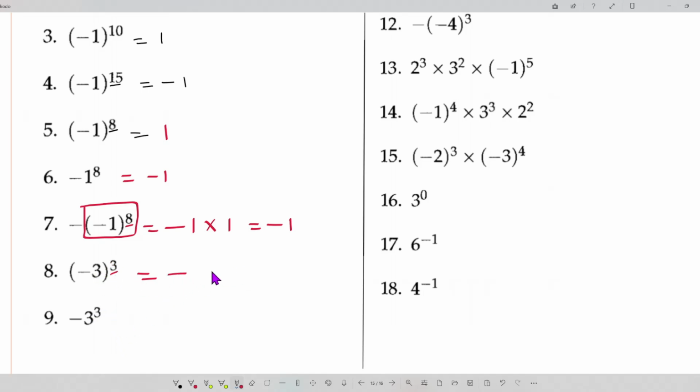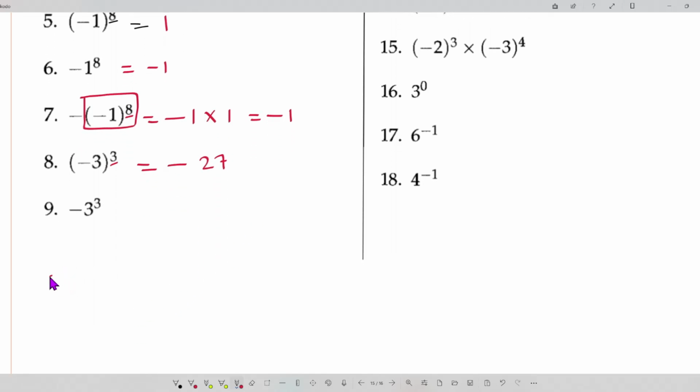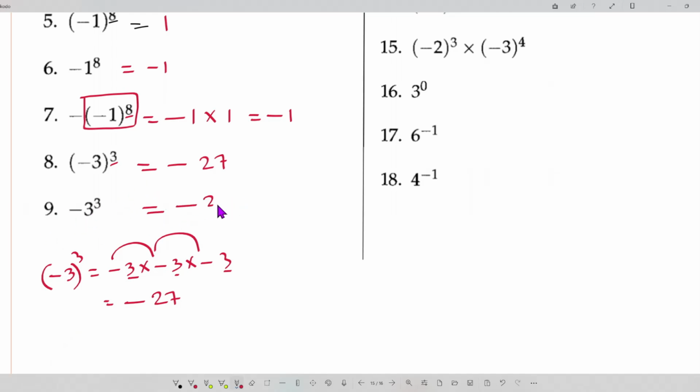Then 3 cube means 27. If we simplify more, 3 to the power 3, we can write minus 3 times minus 3 times minus 3. So minus times minus times minus will be minus, 3 times 3 times 3. Once we multiply, it will be 27. Here is minus 3 cube. So minus 3 cube means minus 27.